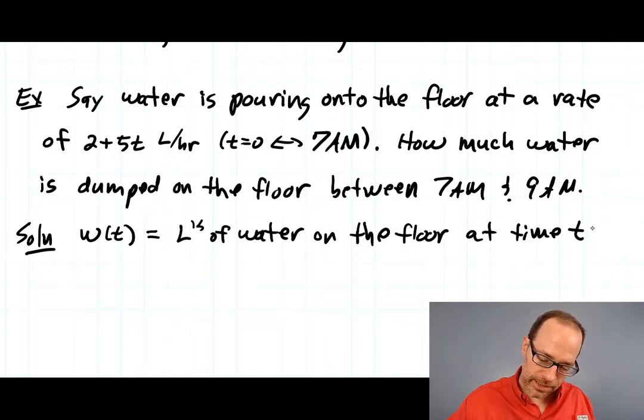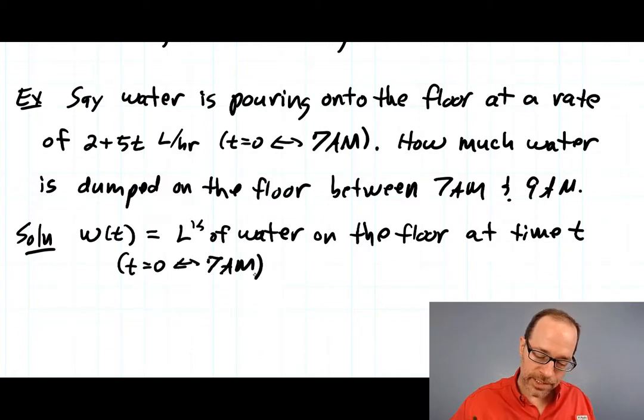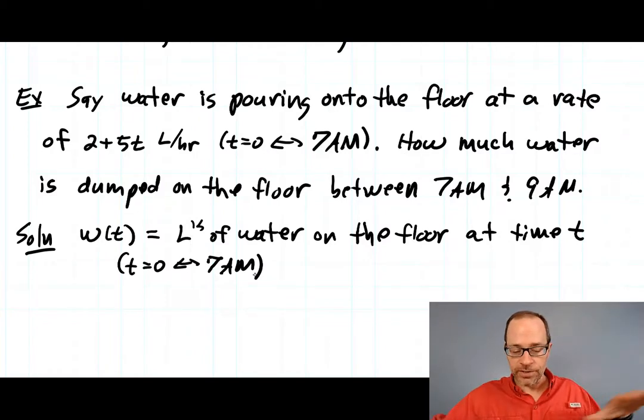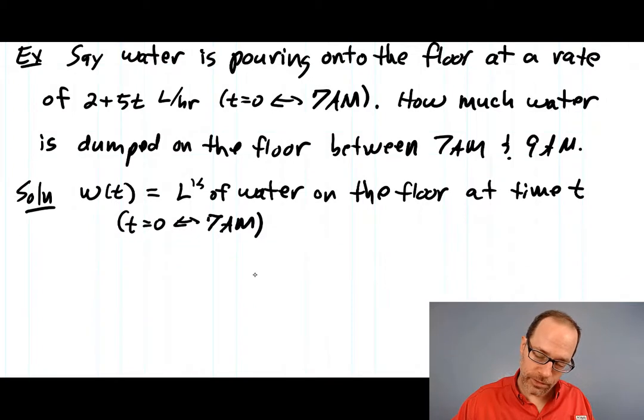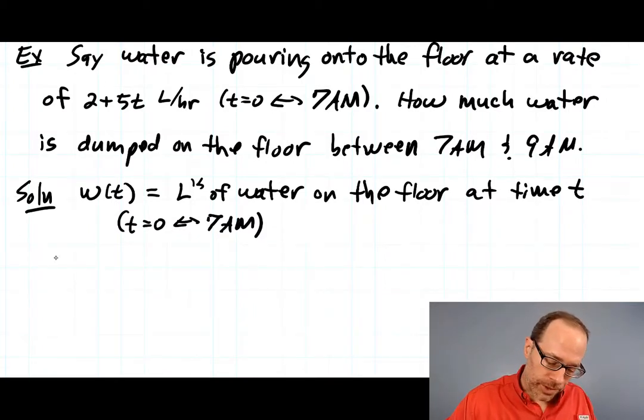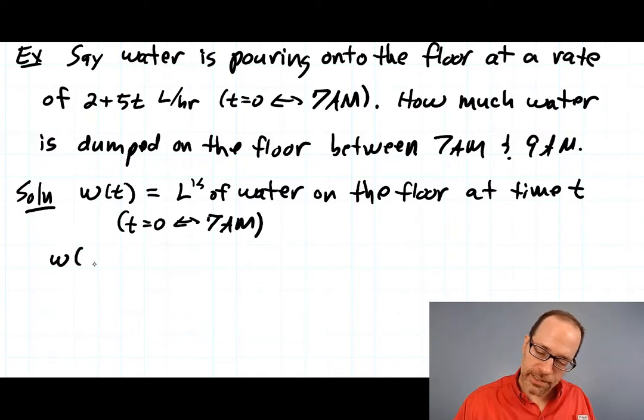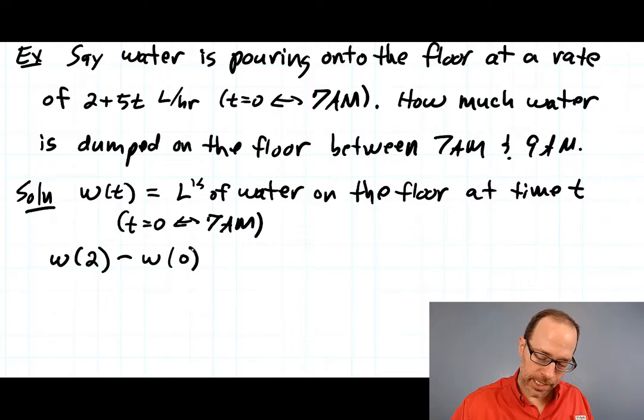And we're going to set this up again so that time equals 0 corresponds to 7 a.m. So that's the total number of liters of water that have been spilt on the floor. The total amount of water on the floor. And so the question is asking, how much water is there at 9, so that would be at time 2, minus how much water there is at 7 a.m., which corresponds to time 0.